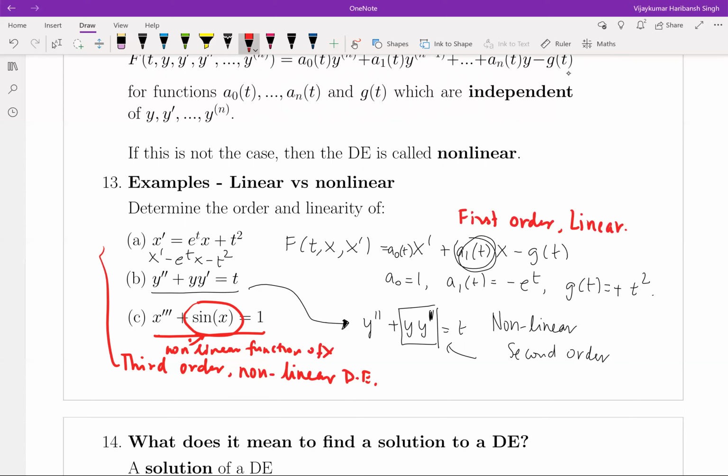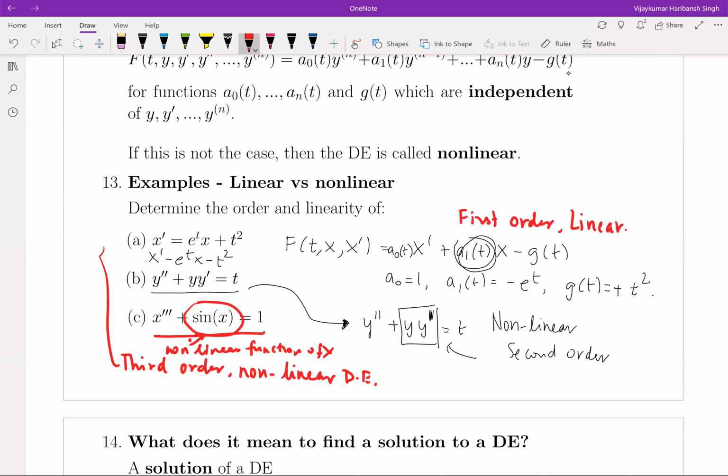And then the next one is linearity. The first one is linear, the second one is non-linear because of multiplication of y prime, and the third one is also non-linear because of sine x. Sine x is not a linear function of x.